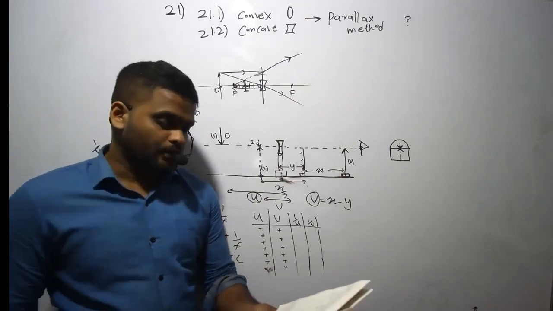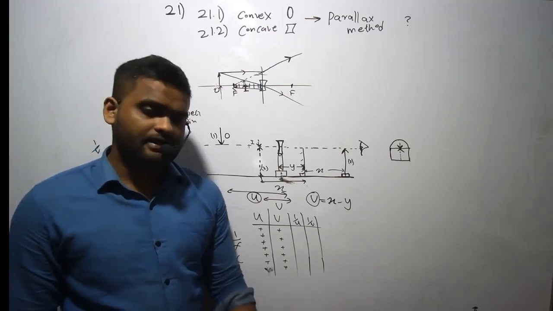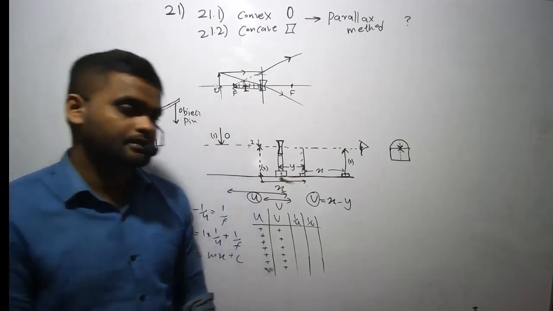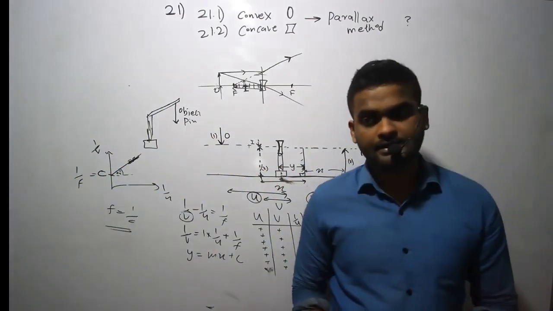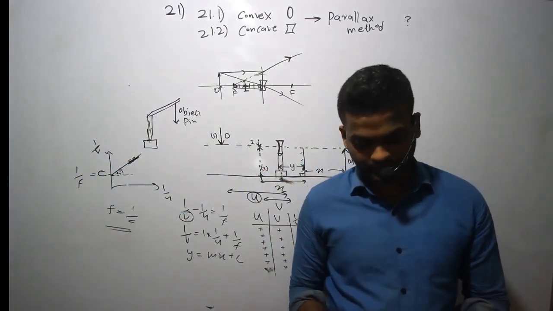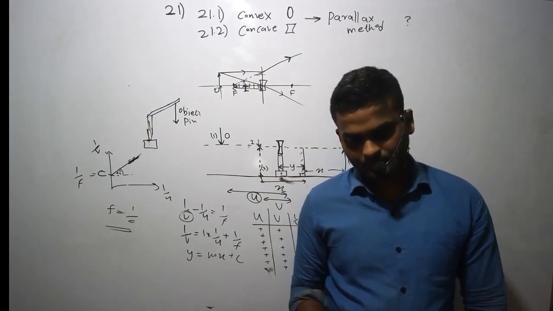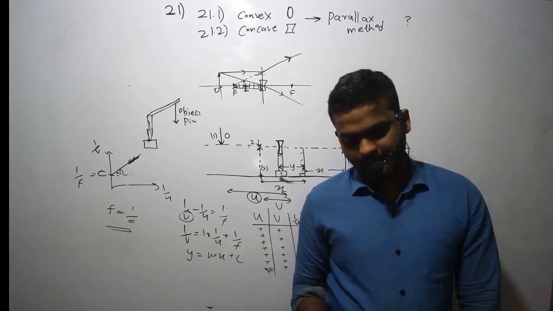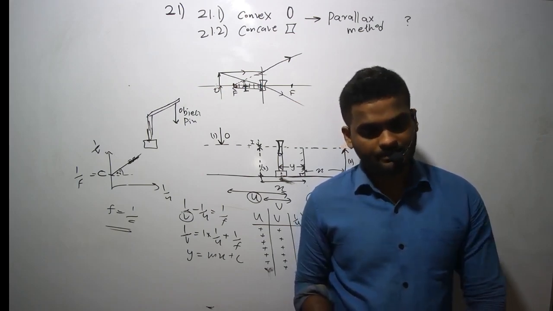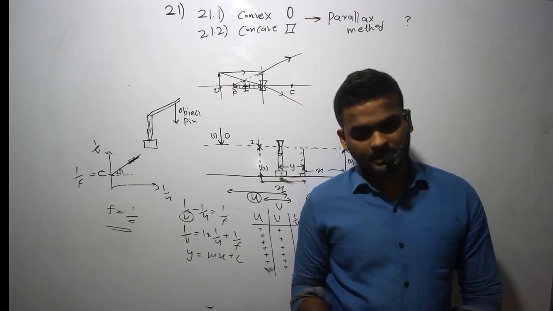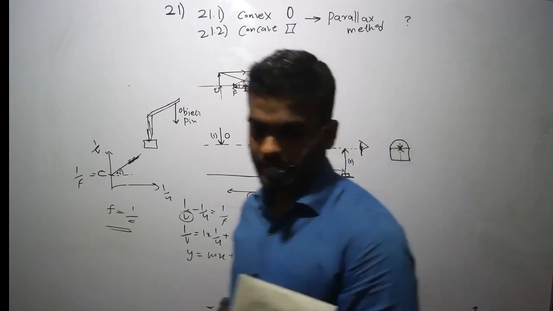Right, second point. When reading the intercept from the graph, the value of the intercept could not be very accurate.